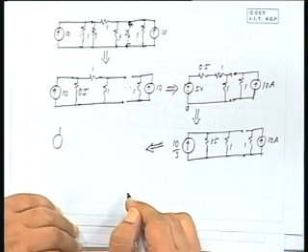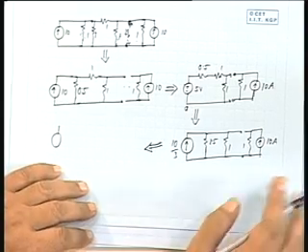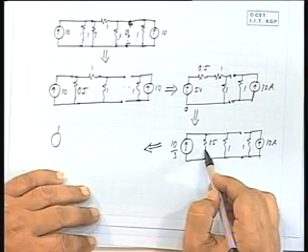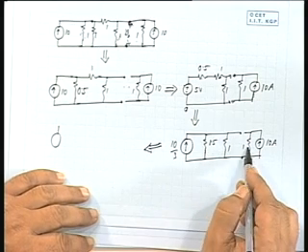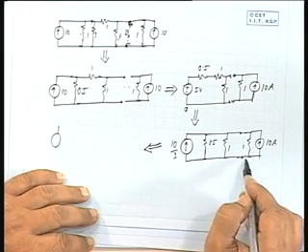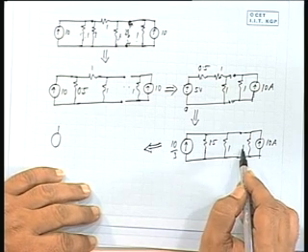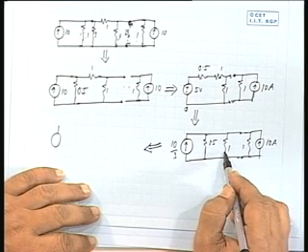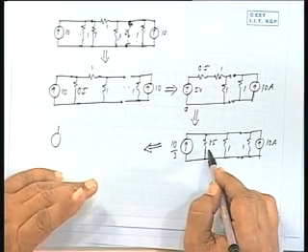So, from here you can see 1.5, 1 ohm and again 1 ohm. So, what will be the net value? 1 ohm and 1 ohm is 0.5, with that 1.5 in parallel.